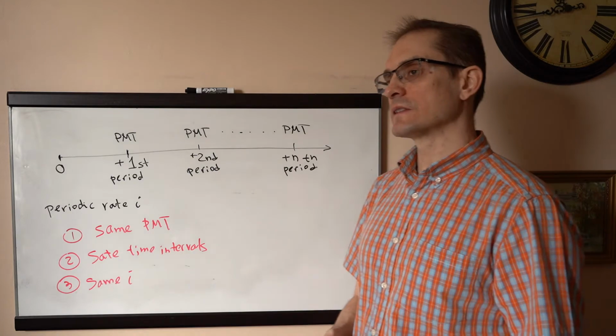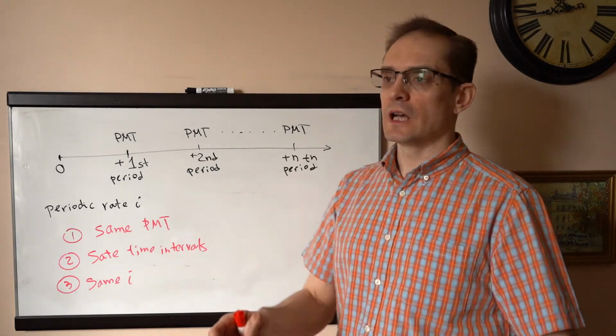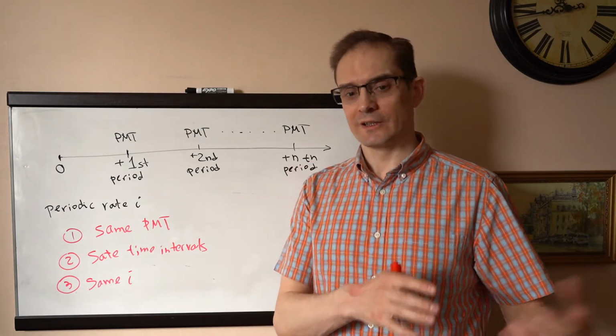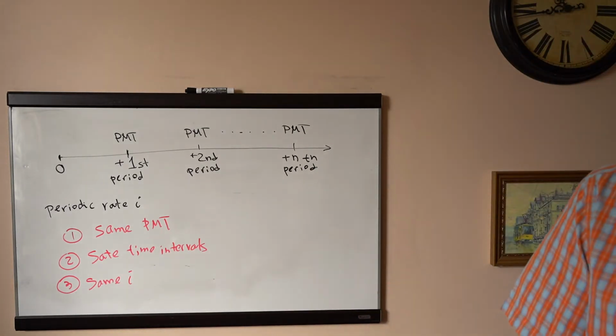You see, in this example, your 5% rate would change to 6% rate, and as a result, your annuity would change to another annuity.